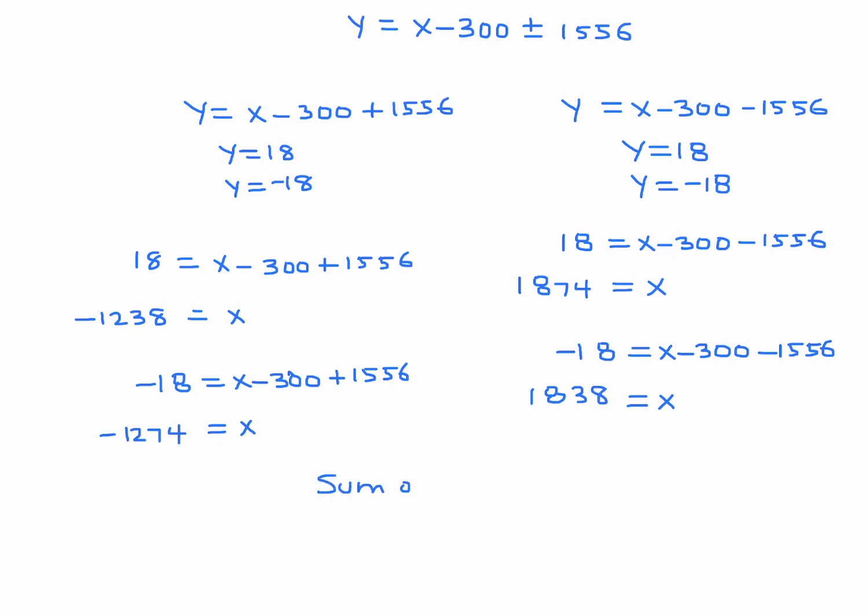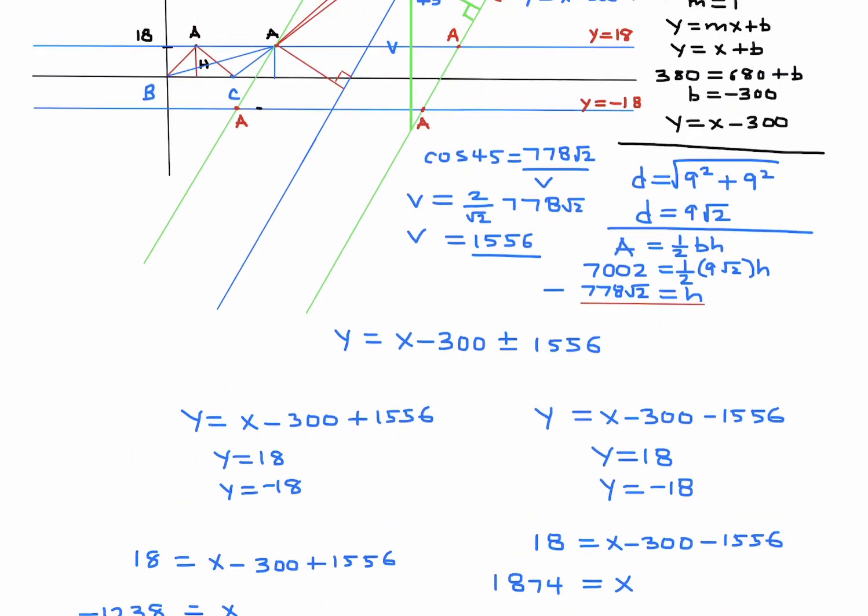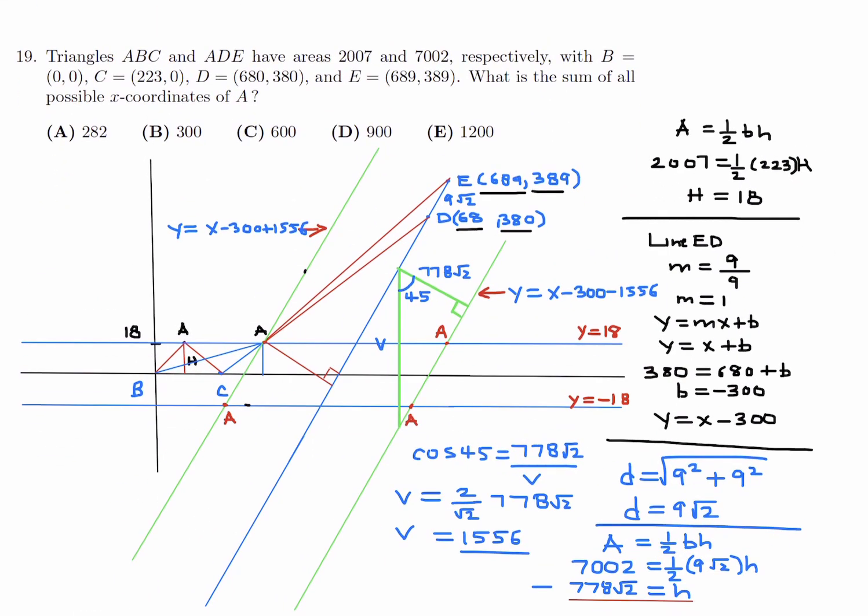So now I have to find the sum of the x's, and that is minus 1238 minus 1274 plus 1874 plus 1838, and that is equal to 1200. And therefore, the answer to this question, number 19, is E.